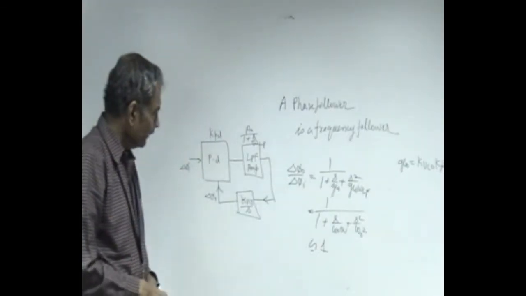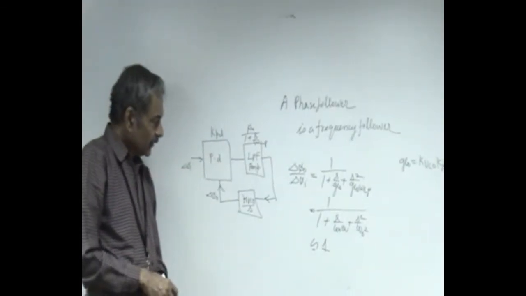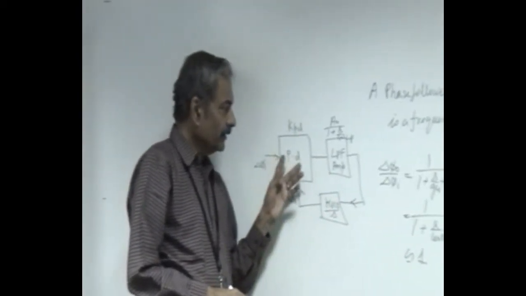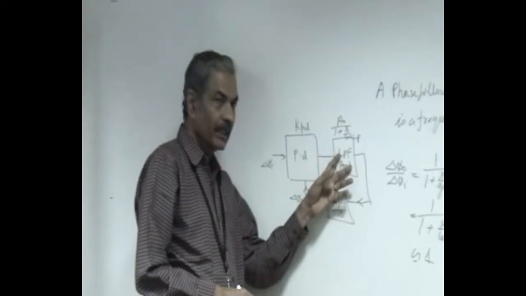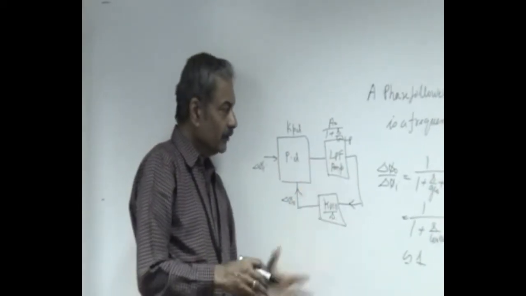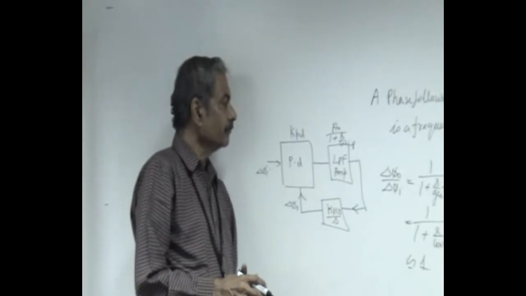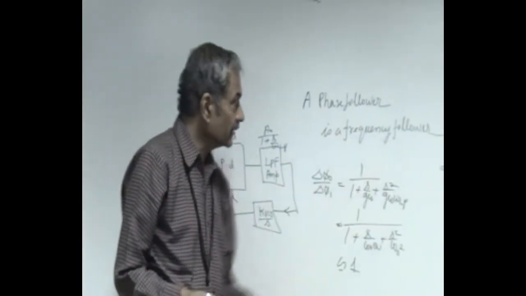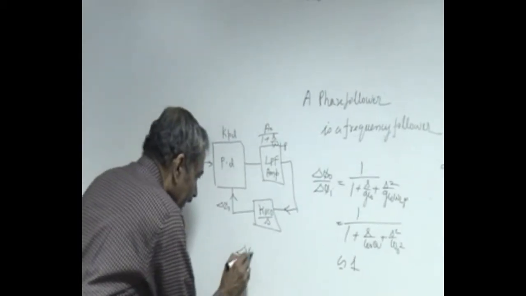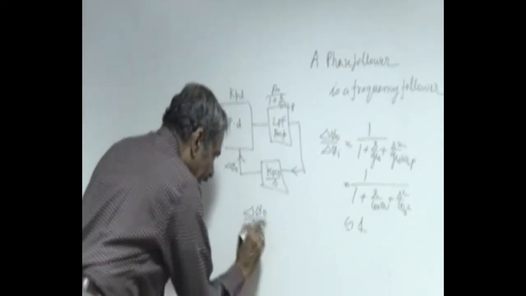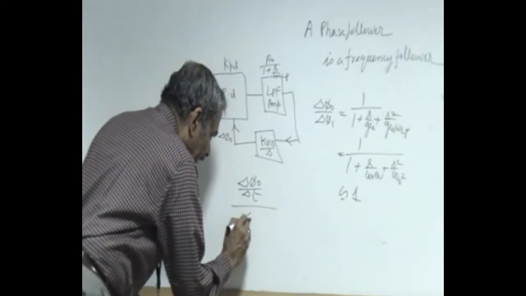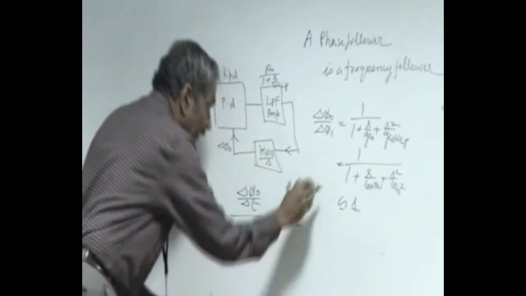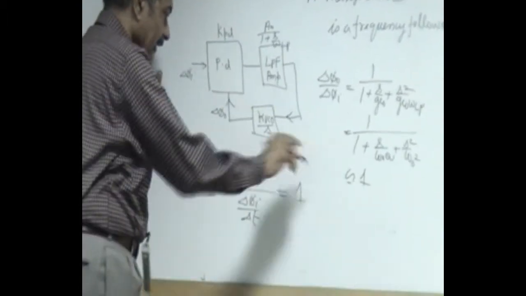So we have just seen how a phase following action occurs when we are using a VCO in one of the loops, with the phase detector as the error detector and amplifier plus low pass filter to boost up the loop gain of the system. Now a phase follower is nothing but a frequency follower, because at the same time, if you consider delta phi naught by delta t divided by delta phi I by delta t, it is also equal to 1, if this is satisfied.